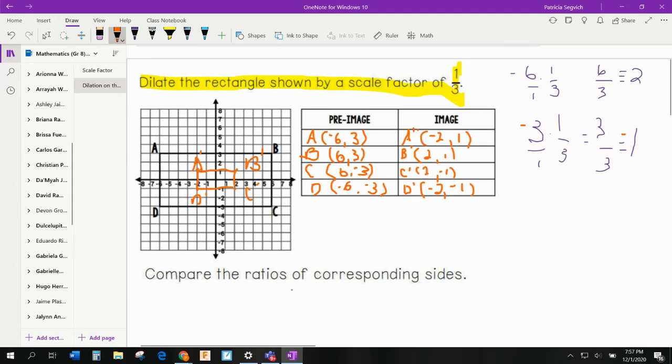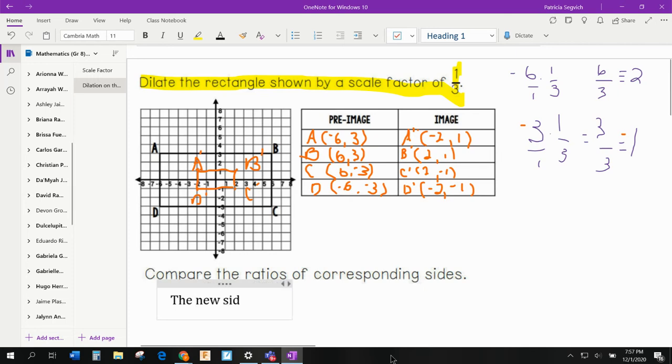Okay. So what is the ratio of the corresponding sides? I'm going to come back over to here and type that. The new sides are 1/3 the size of the pre-image sides, right? Because we multiply by 1/3, so everything's 1/3 of the size.